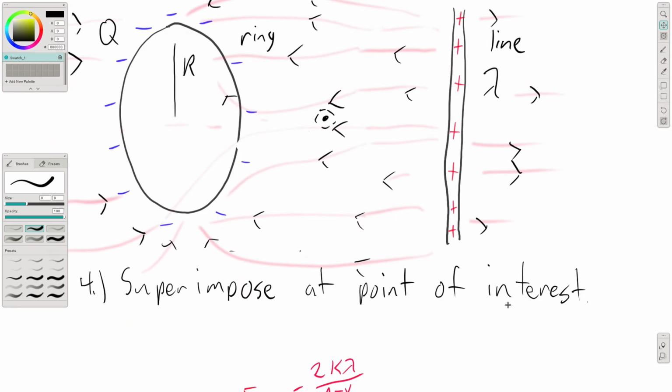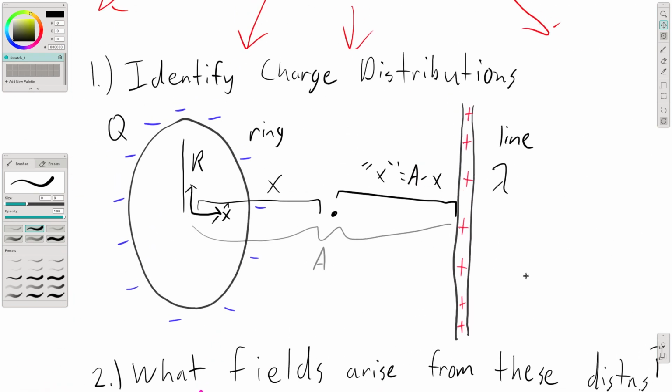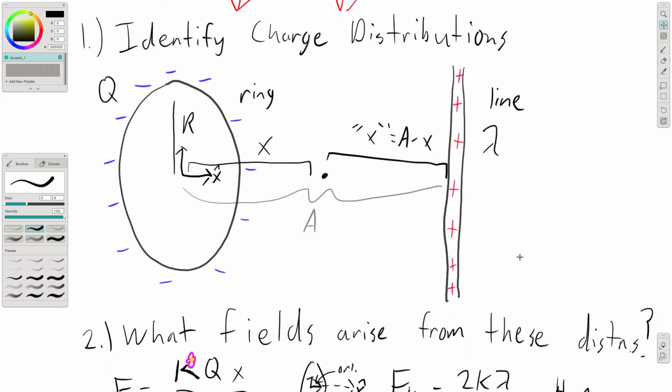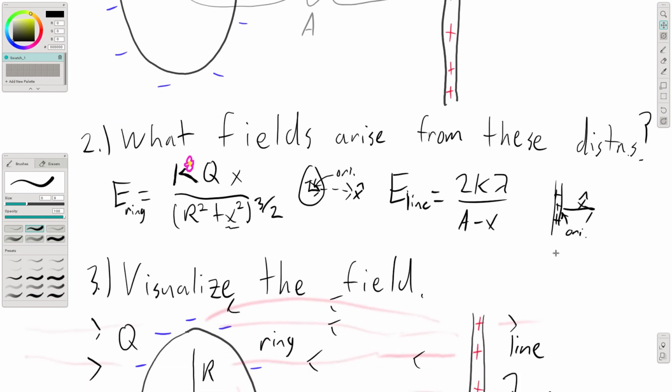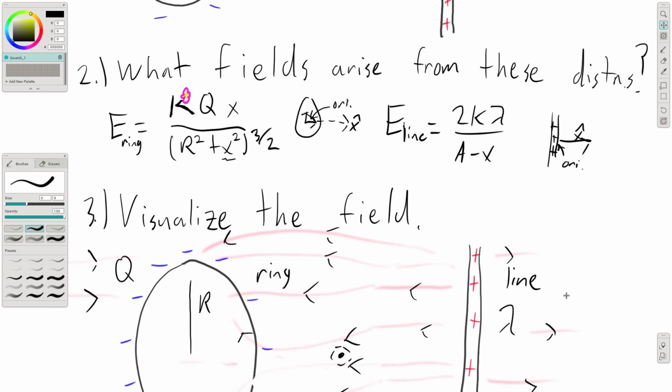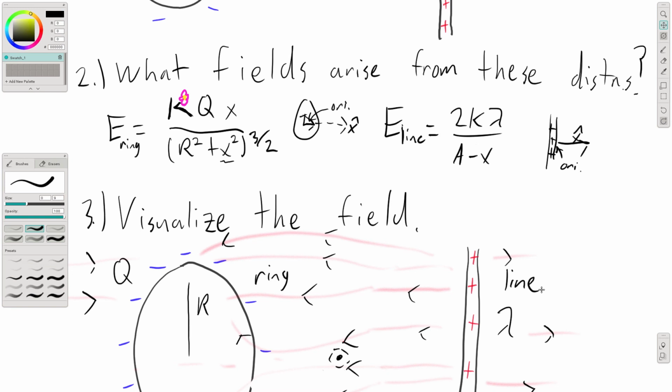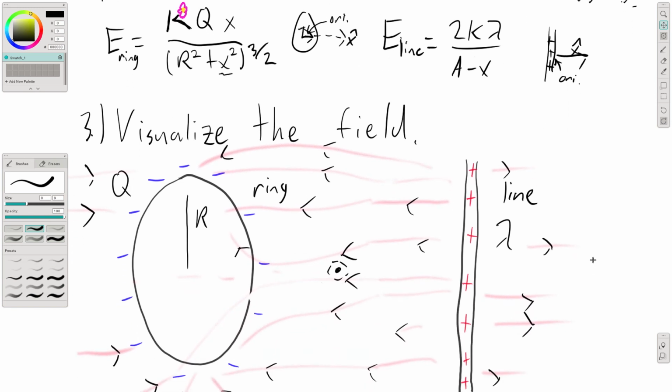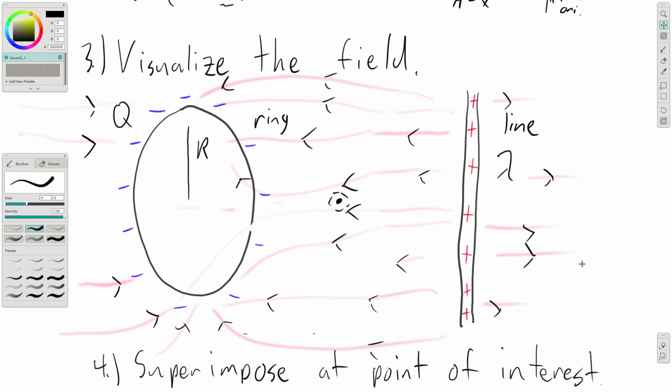In conclusion, even if these problems have a little bit of hideous looking forms, all you really need to do is what we did. We could have added more lines, we could have added more rings, we could have added some point charges if we wanted to. We just start out with identifying the charge distributions, know your new friends. You figure out what fields come from these distributions, which we just looked up. Don't do any of the gnarly calculus, at least not in terms of that weird integration.